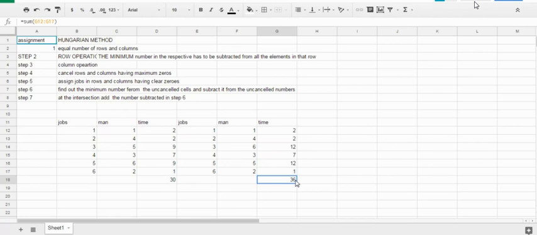Our objective in operations management was to find out the minimum cost. So minimum time taken is which one? 30 hours. So in solution A we are getting the lowest, wherein the time taken to complete the project is 30 hours. So that becomes your answer, 30 hours.